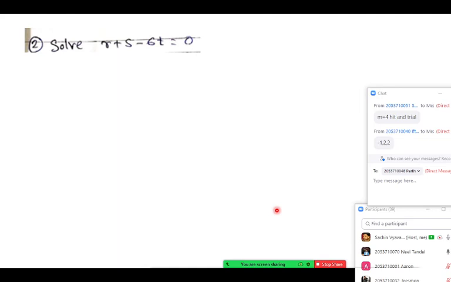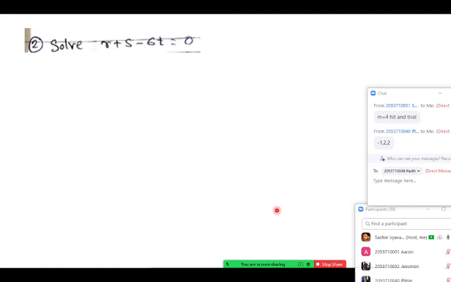Del square z upon del x square. Very good, Neil. So it is dou 2z by dou x square, that is r. s is dou 2z by dou x dou y, and t, with minus 6, is dou 2z by dou y square. So r, s, t are the second order derivatives.